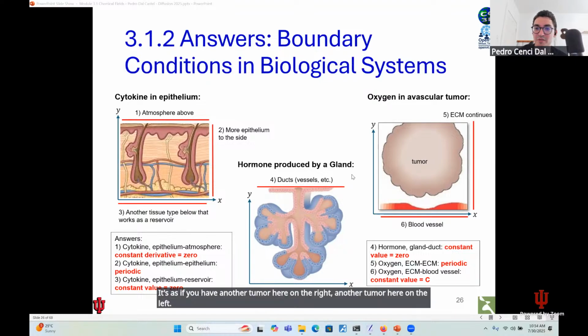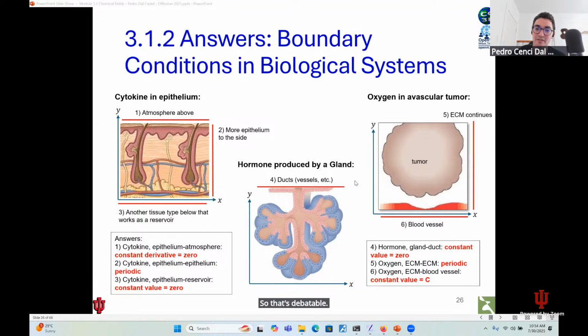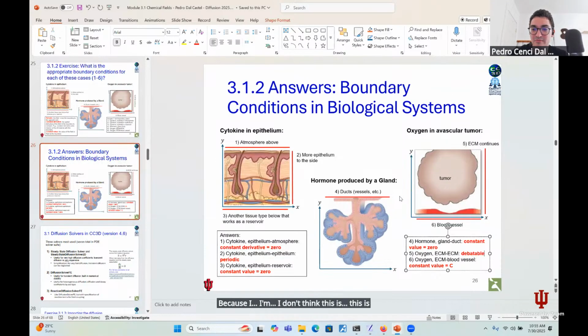So that's debatable. Maybe there could be other appropriate boundary conditions, like constant value, where you set the measured profiles. Yeah, periodic might not be the best one here. So this is debatable.